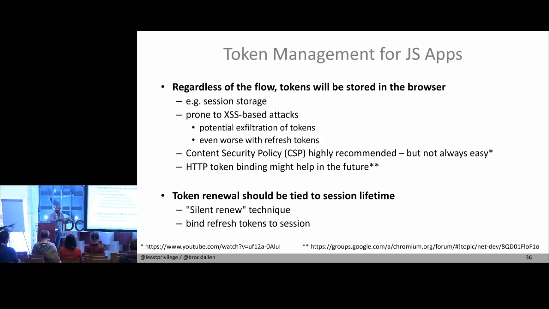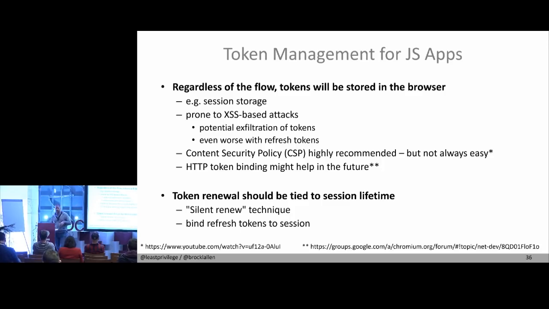So maybe your app's on some path under your domain, but you have some other part of your app that has cross-site scripting, right? So that's a very large surface to protect against. So cross-site scripting is really the real biggest concern with building SPAs. It's not OAuth and all this stuff, okay? So again, if you do have a cross-site scripting attack somewhere in your app and it can access that storage, an attacker can export the tokens from your app, okay?